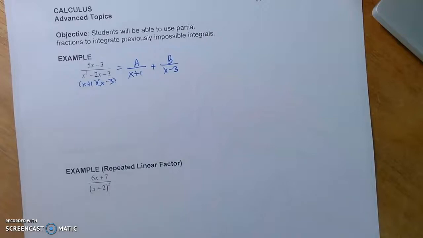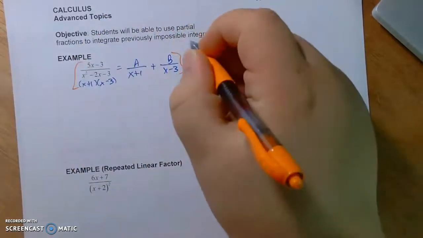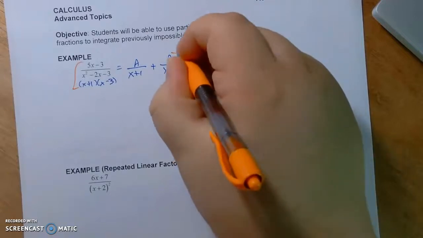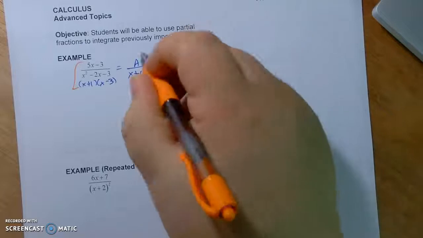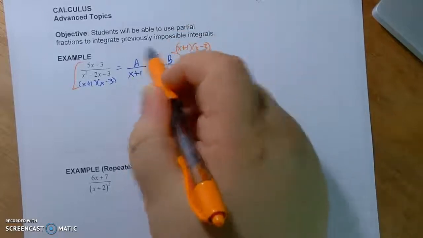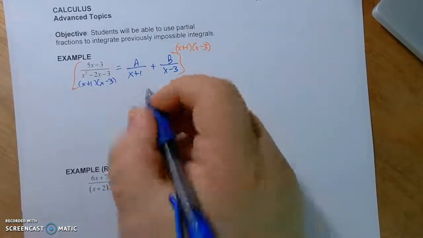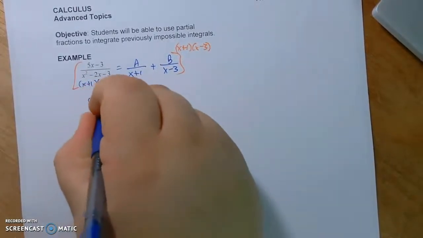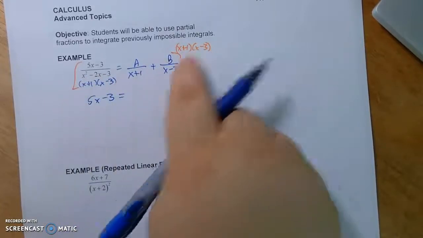Well, we do that by multiplying by our least common denominator, which in this case is x plus 1, x minus 3. And I know that's slightly improper notation, but we're going to distribute to all three of these. And so we get 5x minus 3 equals, because the whole denominator gets canceled there.